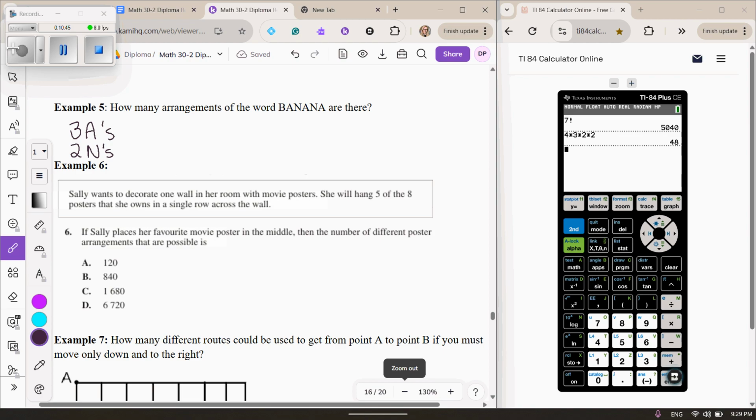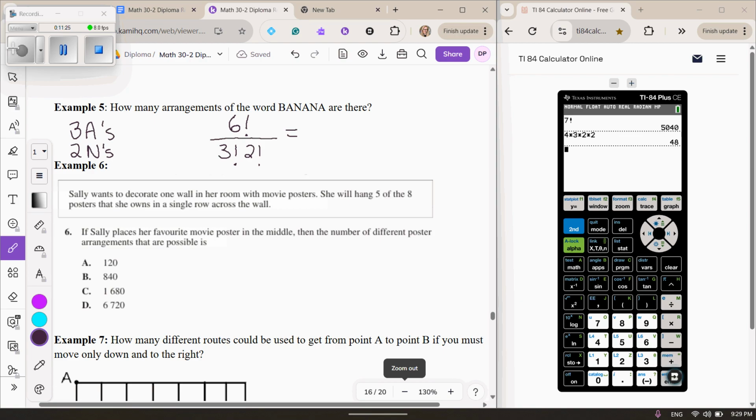So let's start with 6 factorial. Now that 6 factorial is coming from the fact that there are 6 letters in the word banana. But now we have to divide by our identical objects. So our identical objects in this case are 3 A's, so 3 factorial, and 2 N's, so 2 factorial. If you have identical objects, and this is just one way that we could see identical objects, we have to divide by how many identical objects we have.